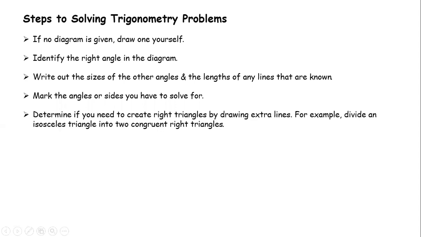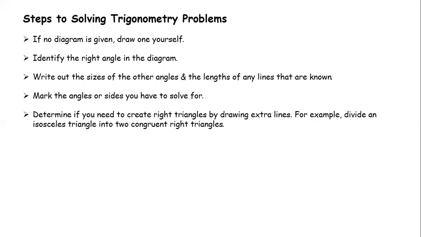Then, I said yesterday that this particular point only refers to a situation where you were probably given an isosceles triangle and you need to draw a little construction. So you will determine whether you need to create a right-angled triangle from an isosceles triangle.